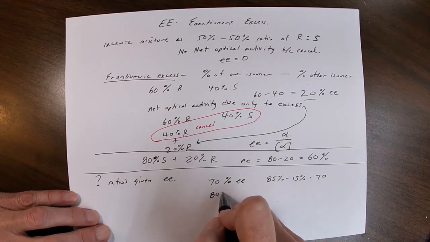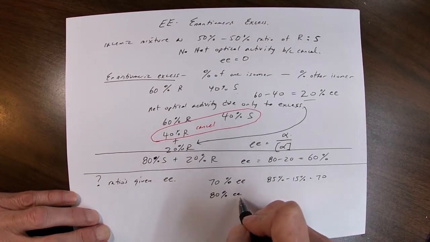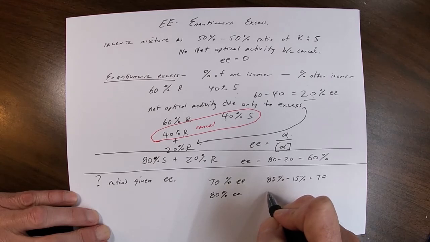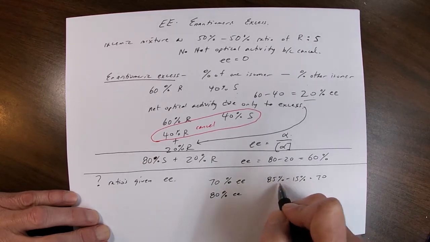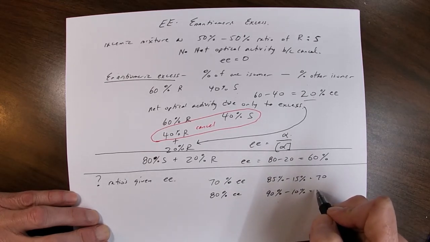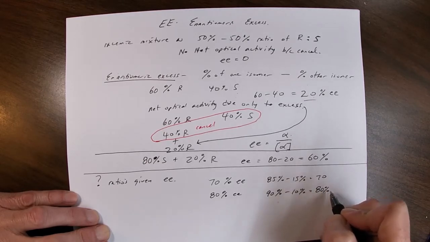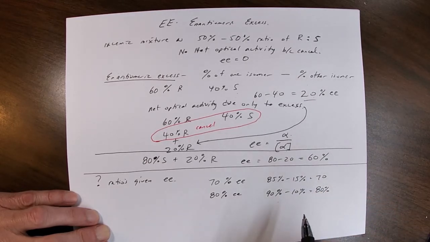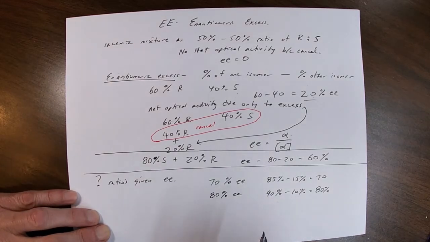For instance, if you had an 80% enantiomeric excess, these two values have to add up to be 100, so 90 minus 10% would give you 80%. Take this value minus that value to give you the enantiomeric excess.